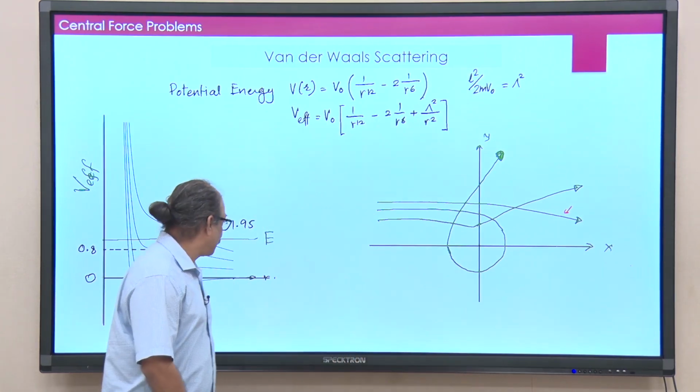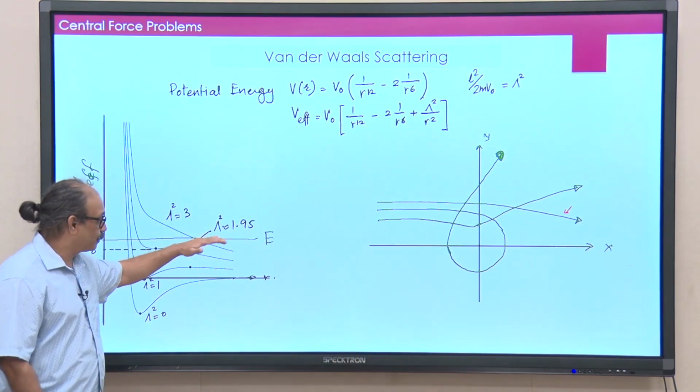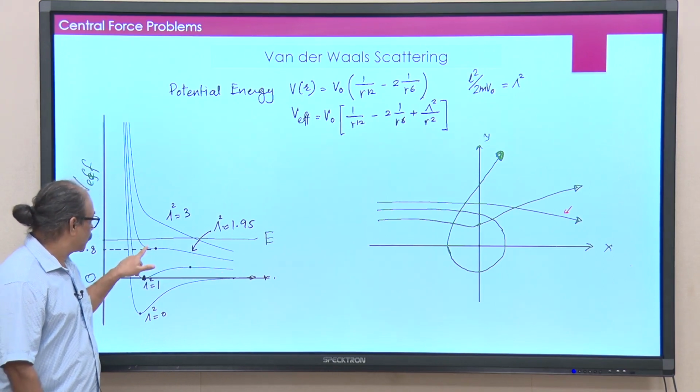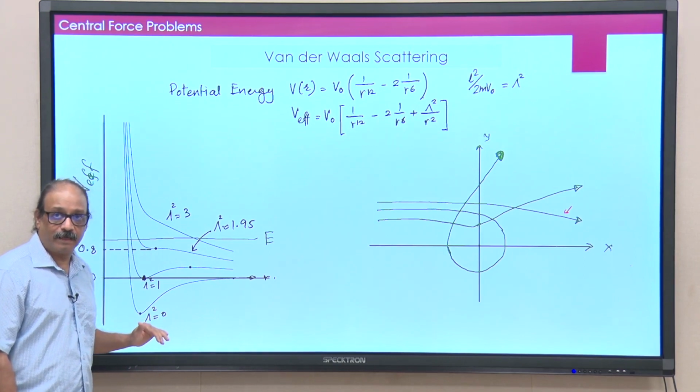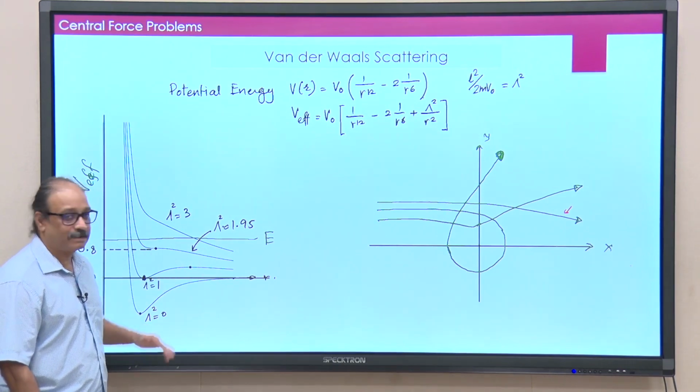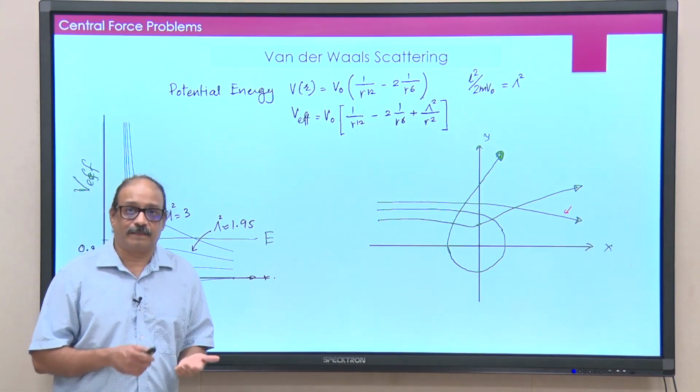I will ask you to think of what would happen if this energy was smaller than 0.8. So, for various energies, you can do a simple analysis of what kind of trajectories you are likely to get.